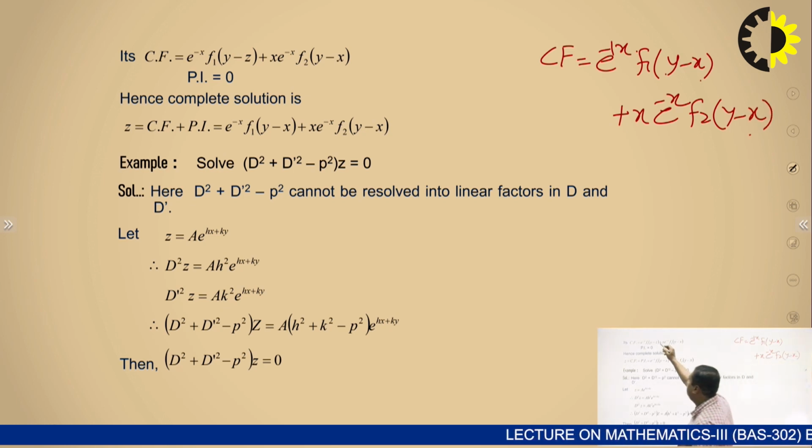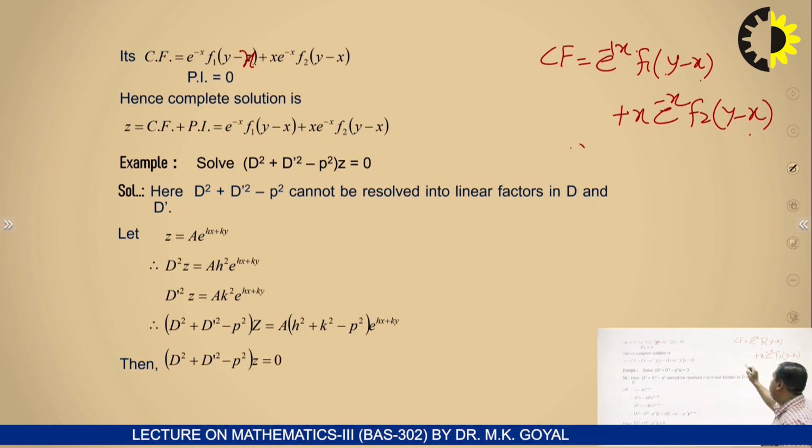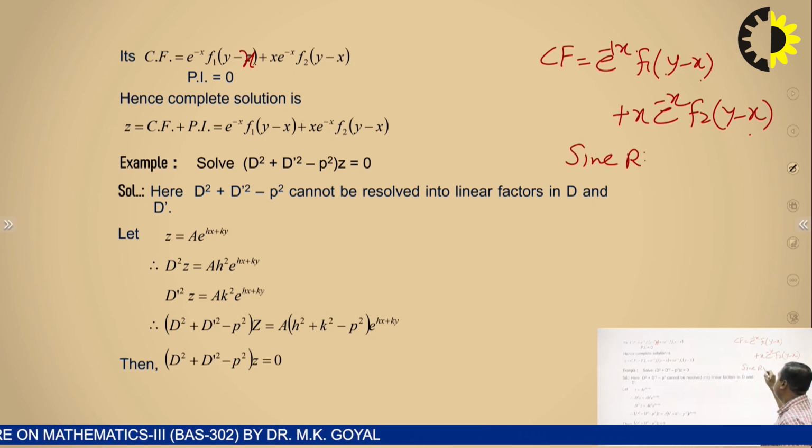Here the term is y minus x. Since the right hand side is 0, PI is equal to 0.